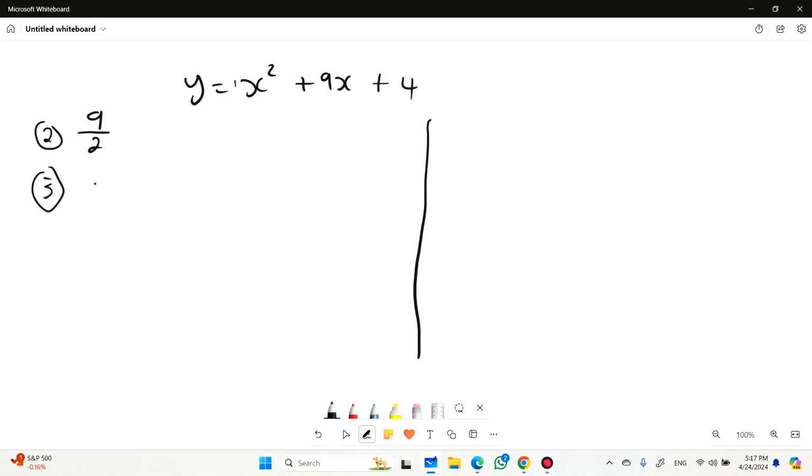So you'll have x squared plus 9x, then I'm going to add that number, which is 9 over 2 squared, plus 4, then I'm going to subtract that number.